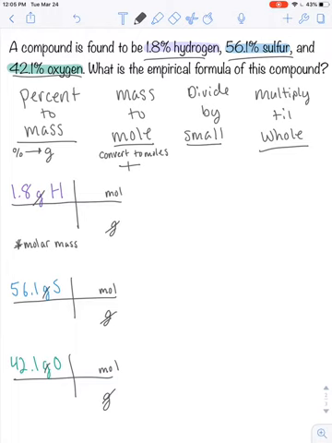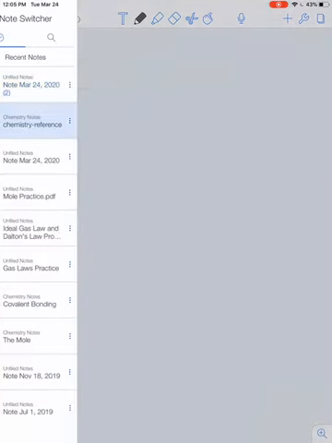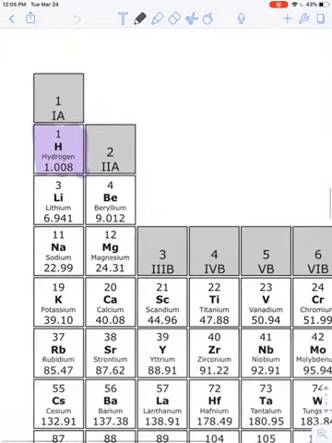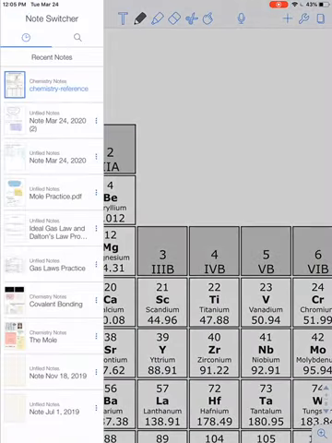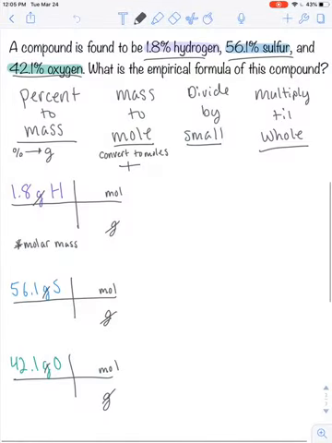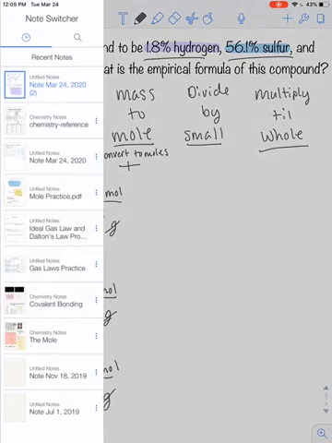So for hydrogen, let's go ahead and look up hydrogen's molar mass. Hydrogen's molar mass is 1.008. So I'm going to fill that into my T-chart: 1.008 grams in 1 mole. Let's look up sulfur.